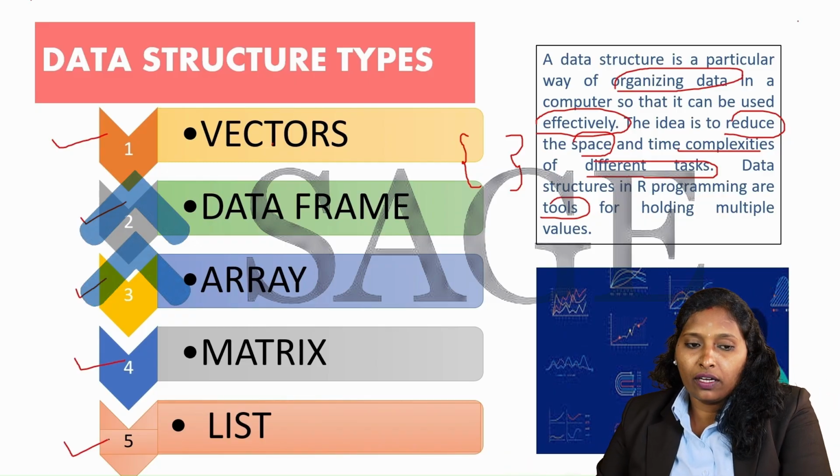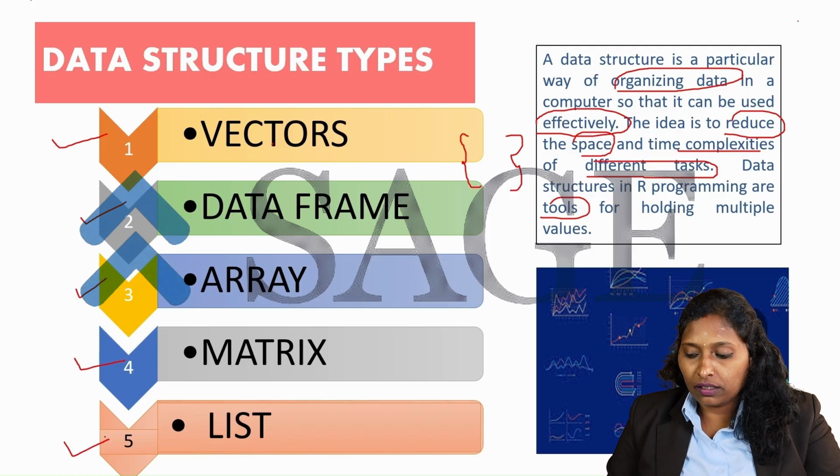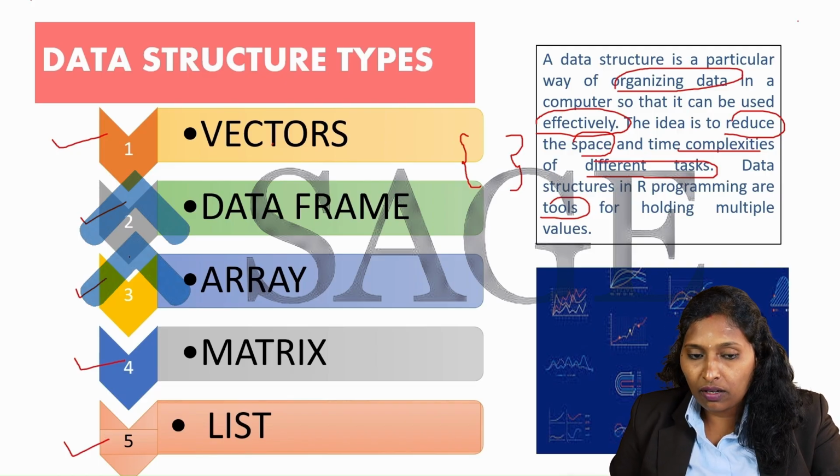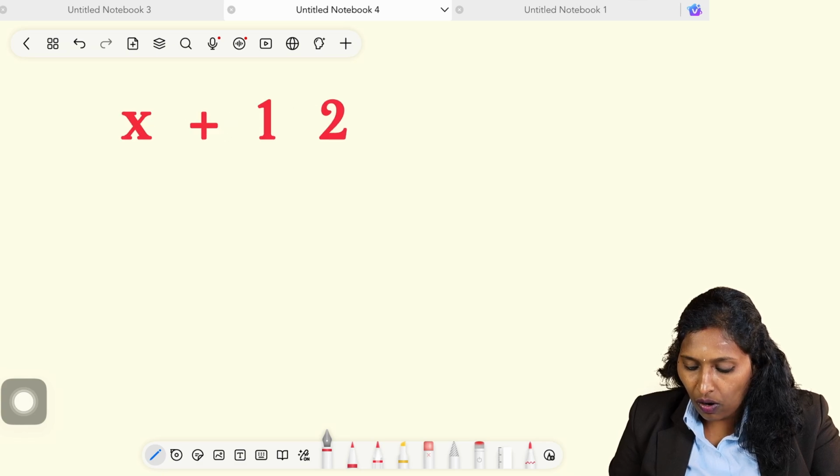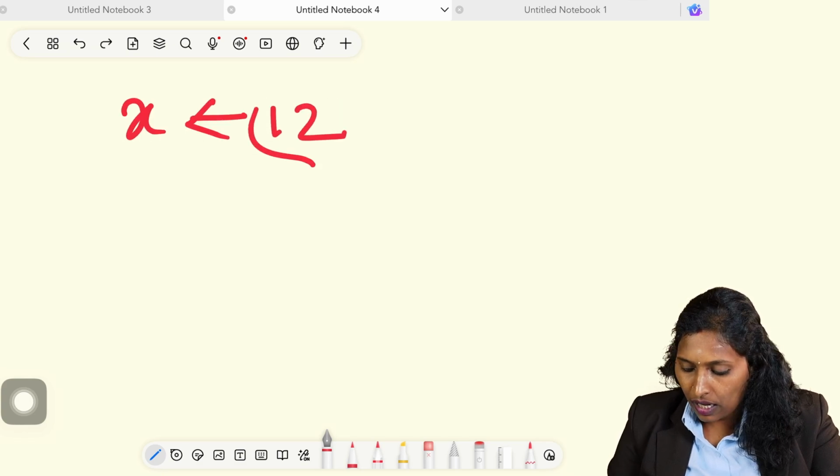Before that, you should know a few basics and understand what is a vector, data, data frame, data types and all those things. When you try to store a particular value in a variable x, we call this the data, and x is the variable name.